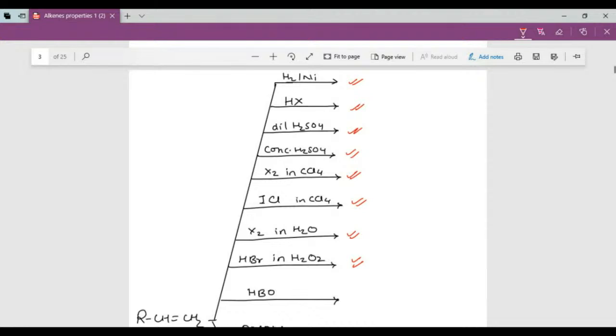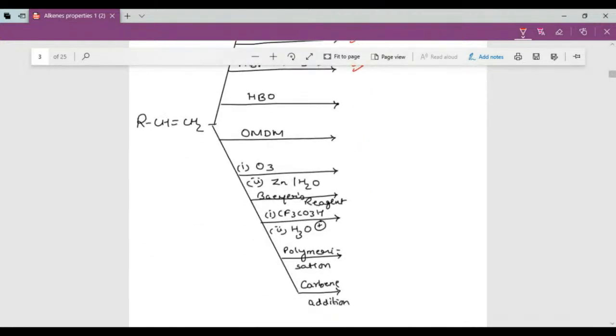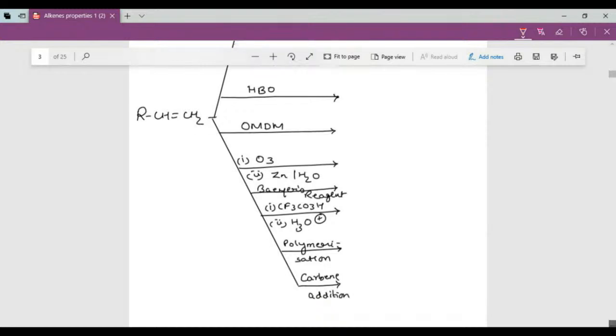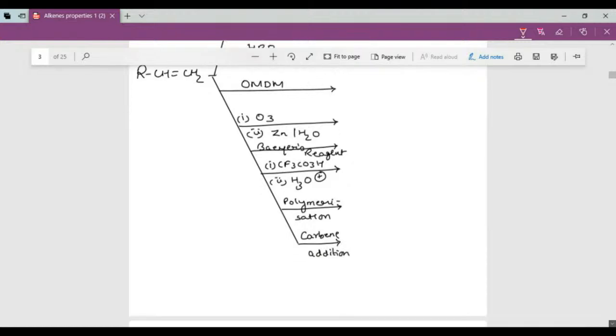Now we have to start with HBO, OMDM, and ozonolysis. So in the sequence, as we have studied the dilute H2SO4 reaction, I'll first complete addition of water, that is HBO and OMDM.